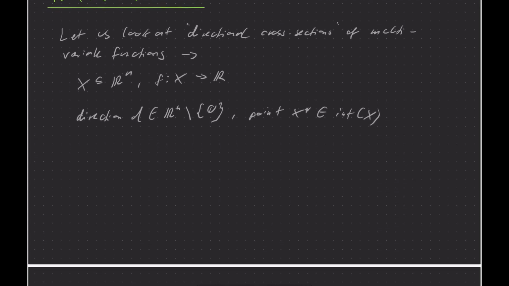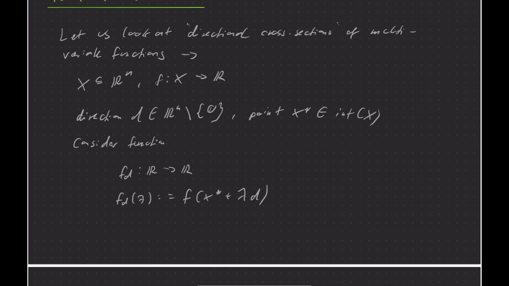Okay, and now we're going to consider a function we'll call f_d, defined on the reals, or maybe just an interval, maybe just part of the reals, that is defined as f_d of lambda equals f of x star plus lambda d.